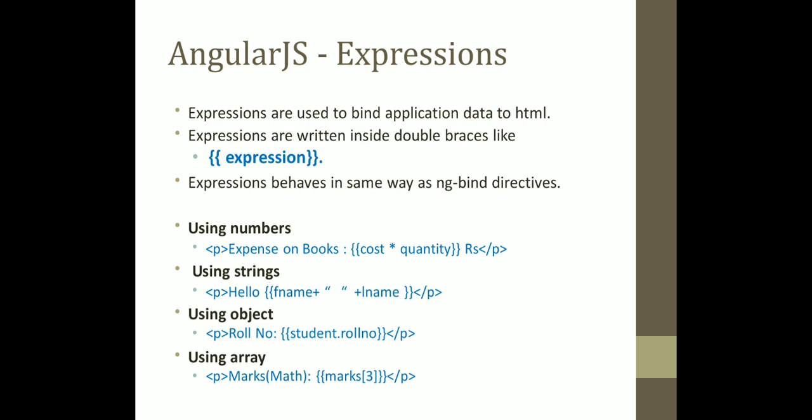The expressions in AngularJS are particularly for binding the data to HTML. The expressions are resolved by Angular and the result is returned back to where the expression is written. Then it displays the data written inside the braces.